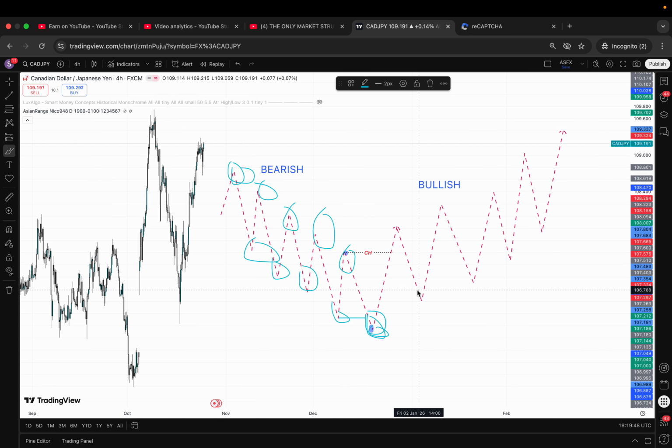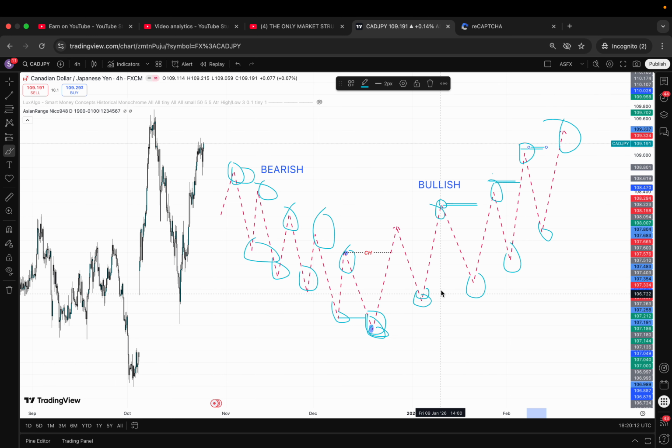And the market started creating higher lows and higher highs, as we know. Higher low, higher high, higher low, higher high. Why? Because there's a break of structure here. There are breaks of structure confirming that buyers are in control.